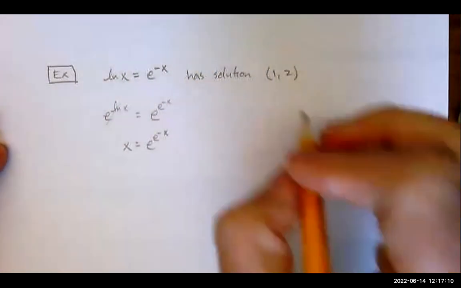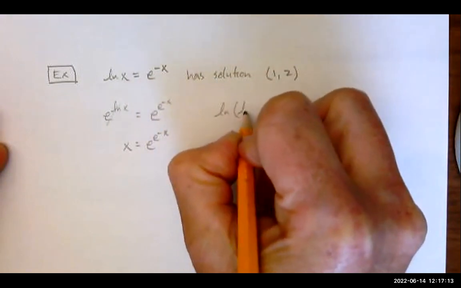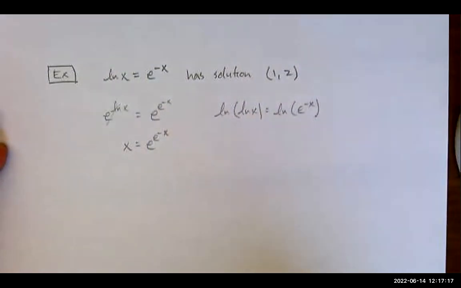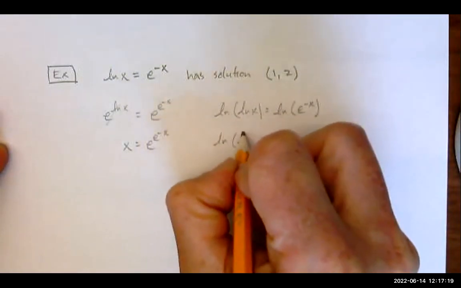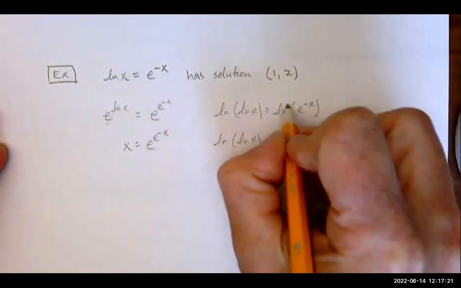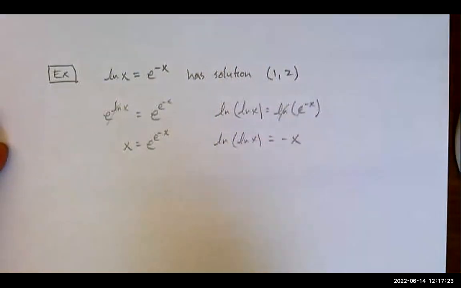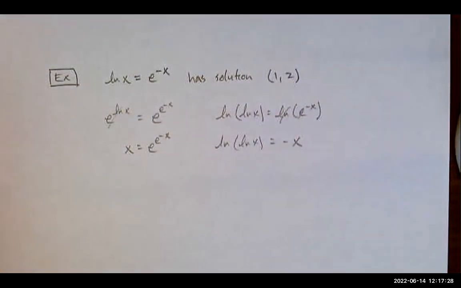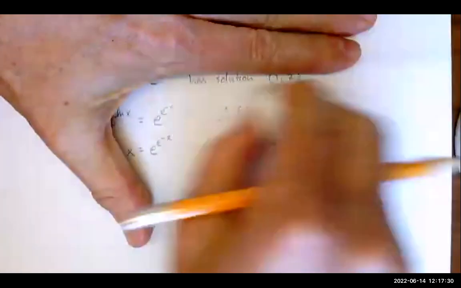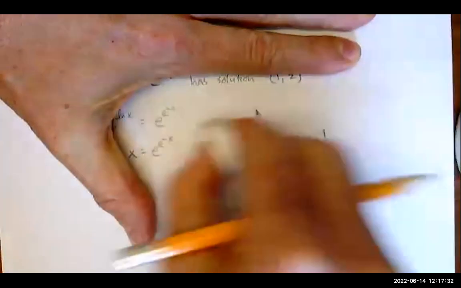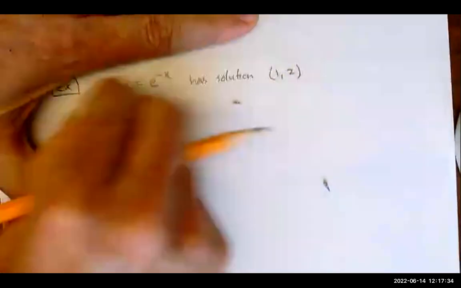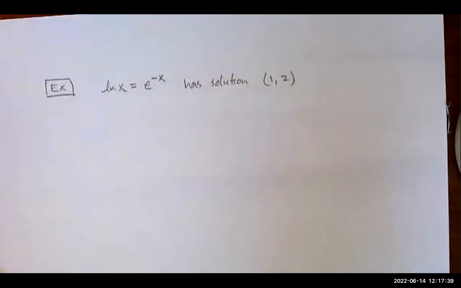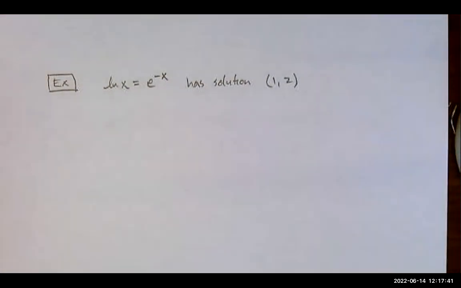And if we tried to do the opposite, if we took the natural log of both, sure, these are going to cancel out, but even if we move the negative, there's still an x there. So it turns out we cannot algebraically isolate x. That said, there still is a solution.